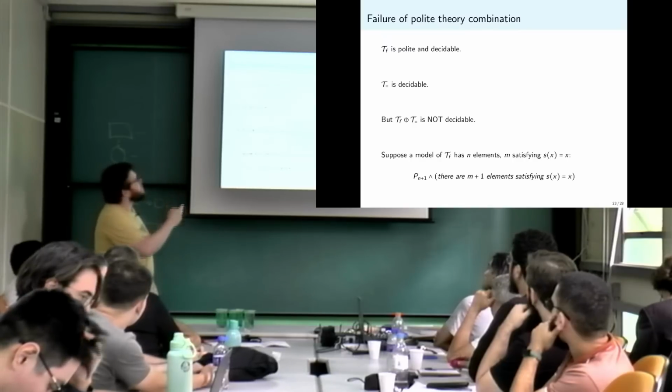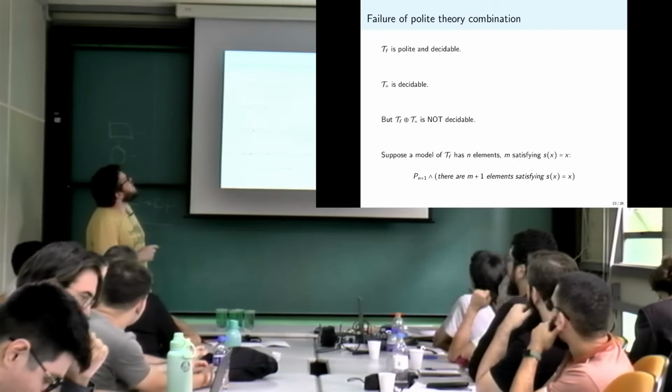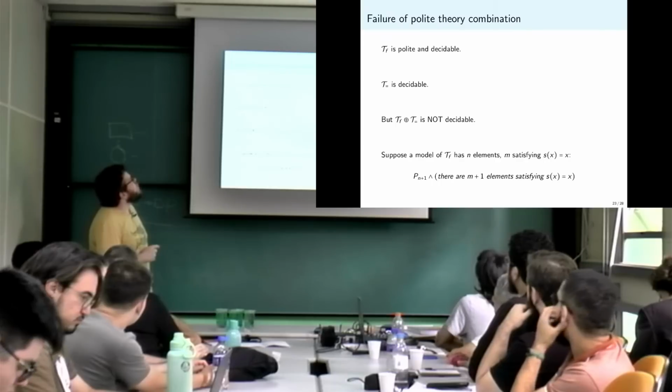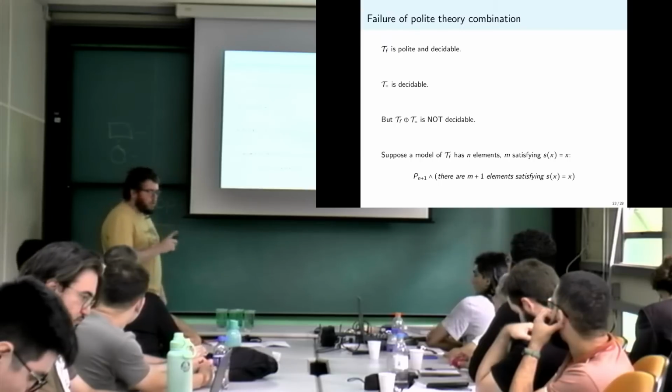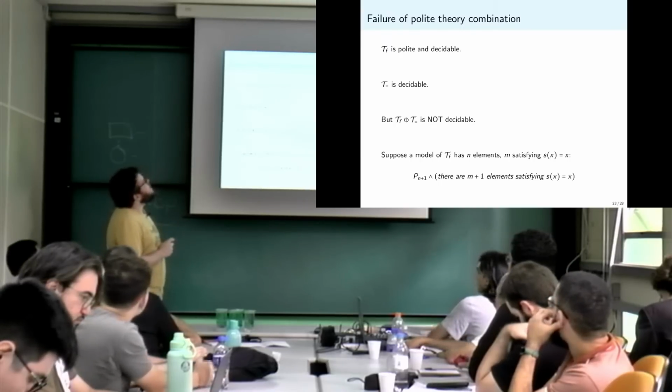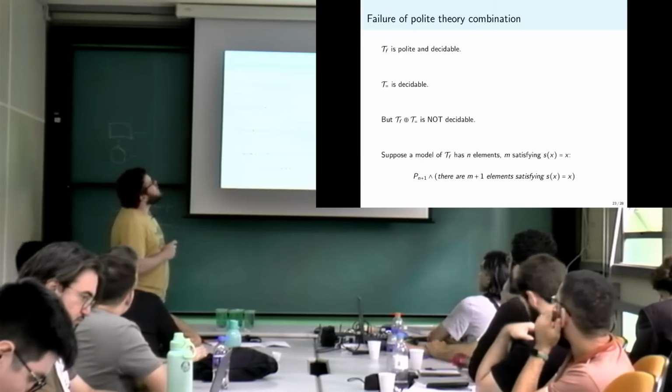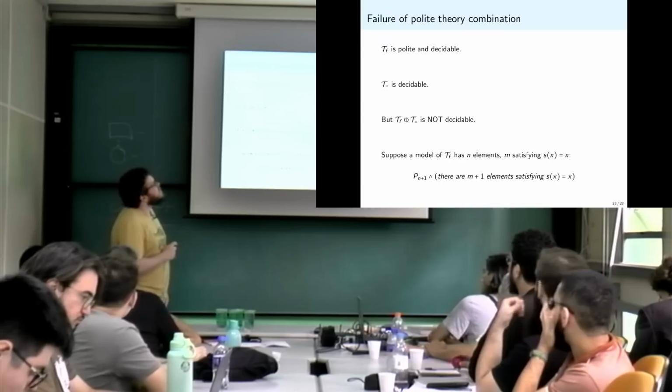Not important right now. This theory I just told you about with all the predicates is decidable. So if polite theory combination were possible, then the combination of the two would be decidable, but it is not.